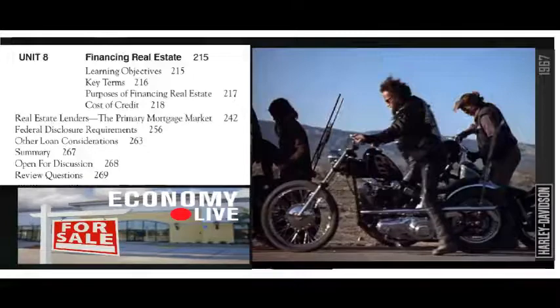When must creditors deliver the home loan toolkit? Creditors must provide a copy of Your Home Loan Toolkit, a step-by-step guide, to consumers who apply for a consumer credit transaction secured by real property, except in certain circumstances. See below. This booklet is published by the Consumer Financial Protection Bureau to help consumers applying for federally related mortgage loans understand real estate transactions.